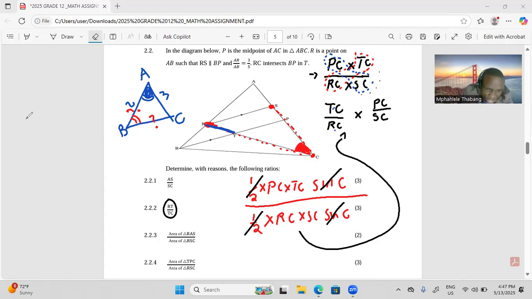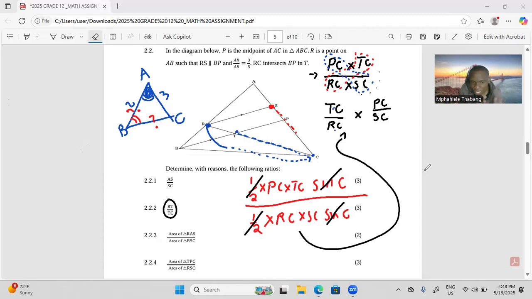TC is this one here, the distance from T to C, and RC is the distance from R to C. That is why I'm putting TC and RC together.